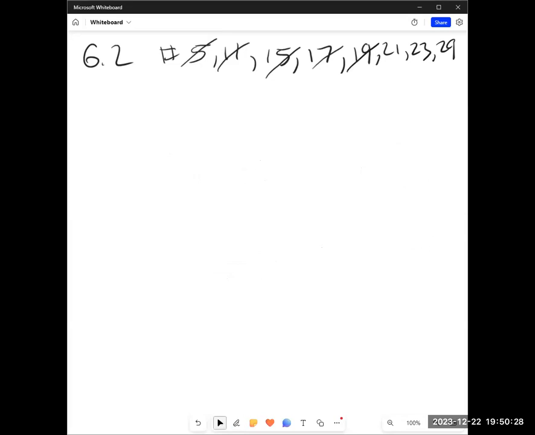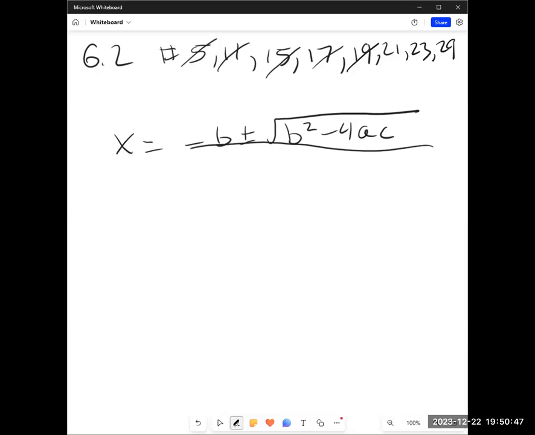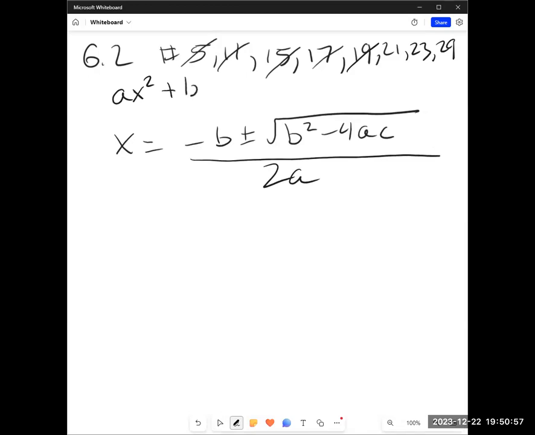All right. Next one is another important formula from math called the quadratic formula. X is equal to negative b plus or minus the square root of b squared minus 4ac all over 2a. This is how we solve an equation that looks like this, just so you know what this is for.